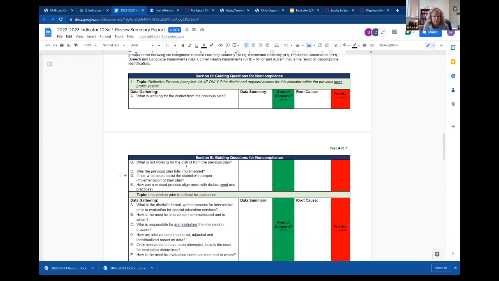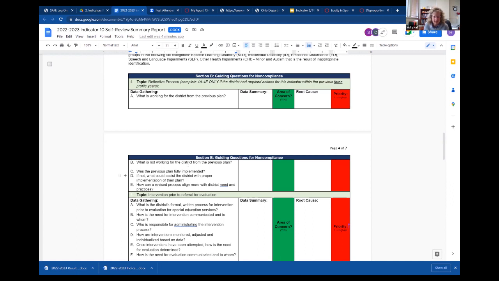And I even think about the differences between the categories that we're talking about. If you've been identified with a finding in the category of emotionally disturbed, I think of my team even maybe including some of those behavior specialists.